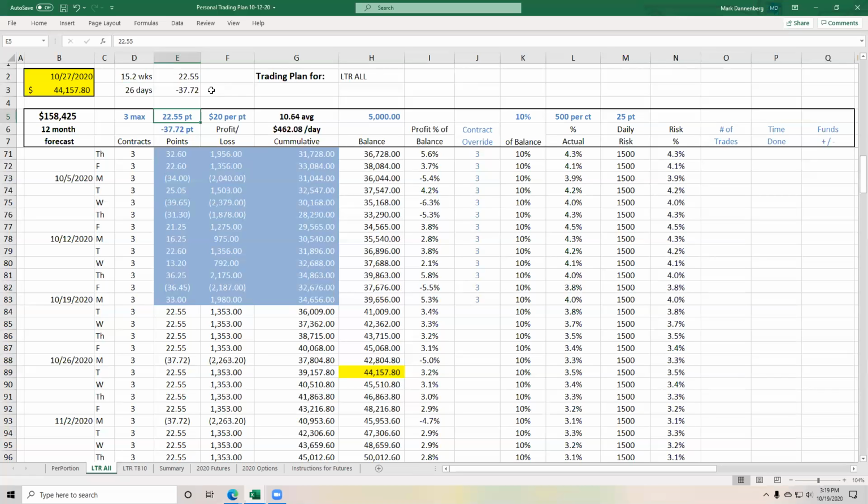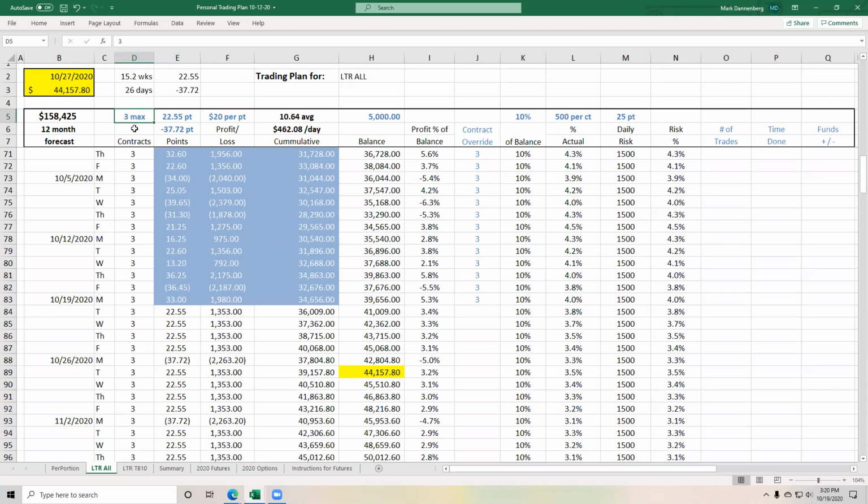You might decide that you want to improve your performance. That's fantastic. We would love to help you do that. You might decide that you've exceeded your expectations. That's fantastic. That's even better. Just keep doing what you're doing. Whatever you have done to date, though, should be forecasted forward so that your full 12-month forecast is based on what your actual performance has been.